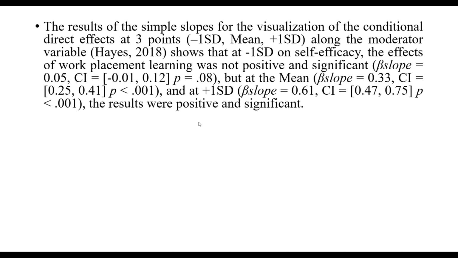So this tells us that when parental support meets students learning in the workplace, they are more likely to engage more in their school to work transition by increasing their higher level of self-efficacy.